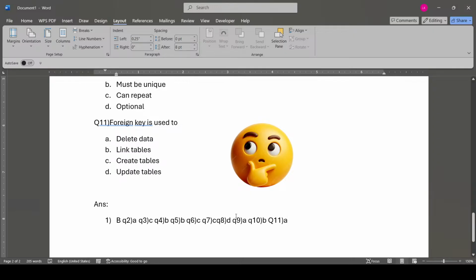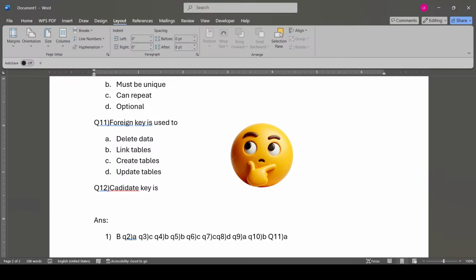Now going for the next question here. Question number 12. Next is candidate key. Candidate key is: first option is one key only.